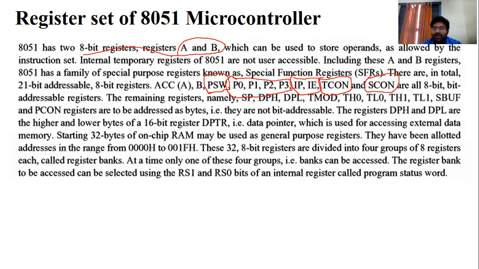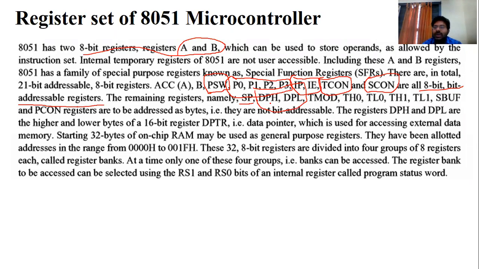So you know that the microcontroller also operates in the serial mode of data. So these all are 8-bit bit-addressable registers. What are the remaining registers? The stack pointer. Then the data pointer register.